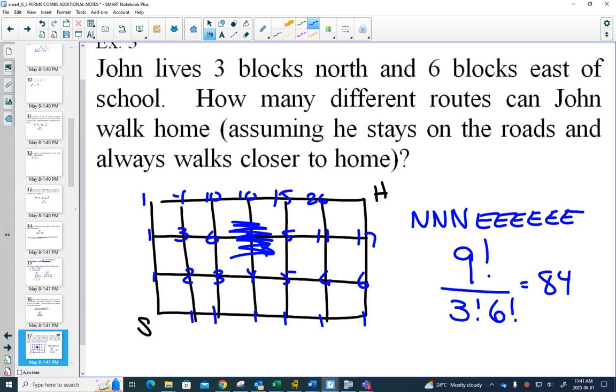Did I add up something wrong? This is 18. I made a mistake in adding somewhere, because it should come out to 40. Oh, it does. I just didn't add the last ones up. Comes out to 44 that way as well.